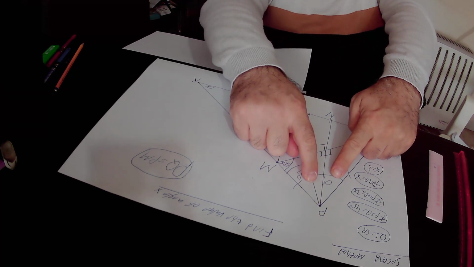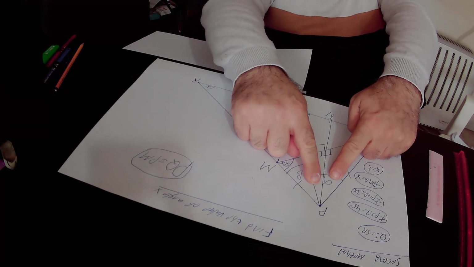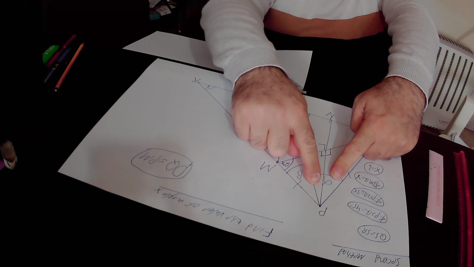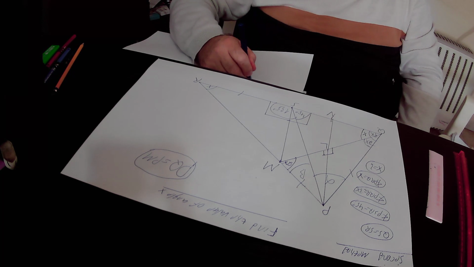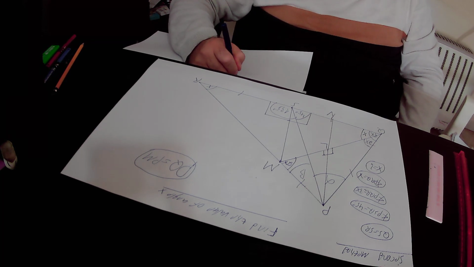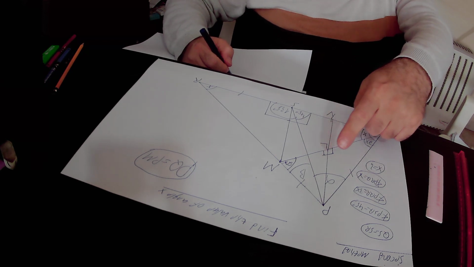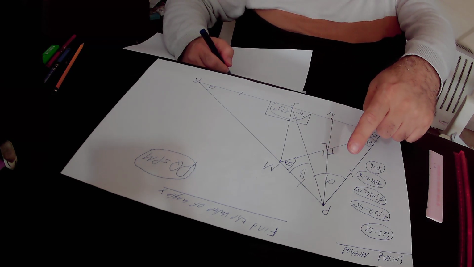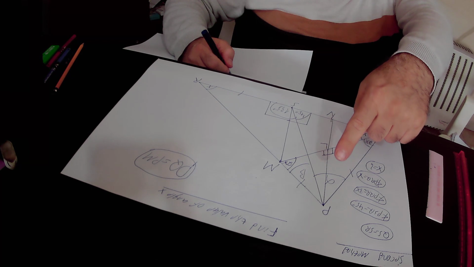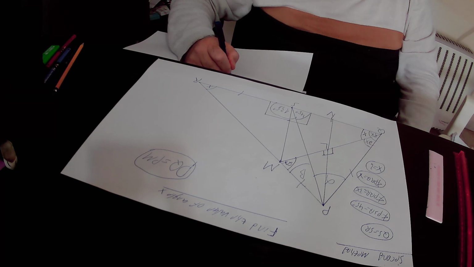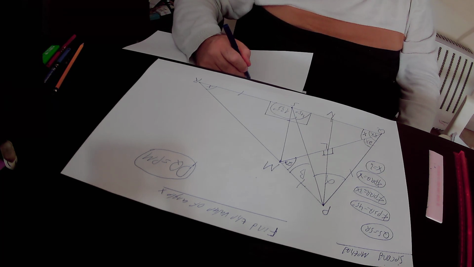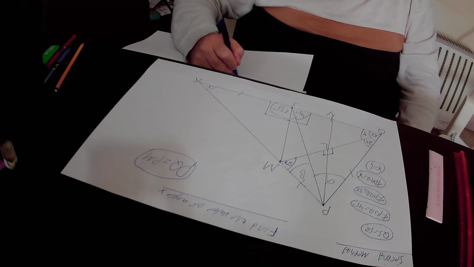Those two angles are also equal to each other according to the third angle theorem. So angle QPL is equal to angle MPL, and they are equal to each other according to the third angle theorem.